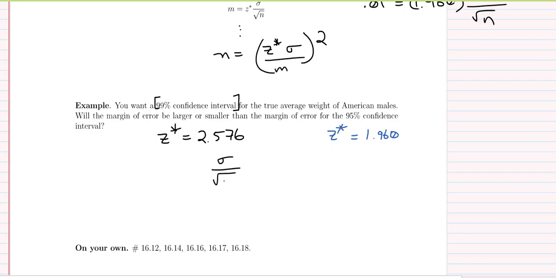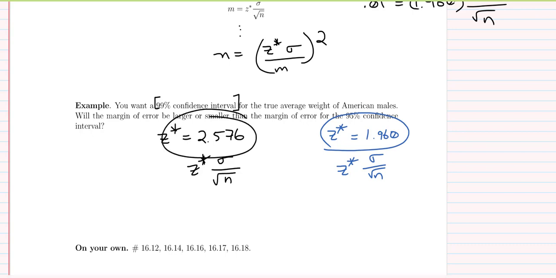It's assumed that n is already selected, and we're multiplying by this z star here. Sigma and radical n are the same, so essentially what we're comparing are just the z stars. And so when we're talking about 95% versus 99% confidence interval, margin of error will be larger for 99%.